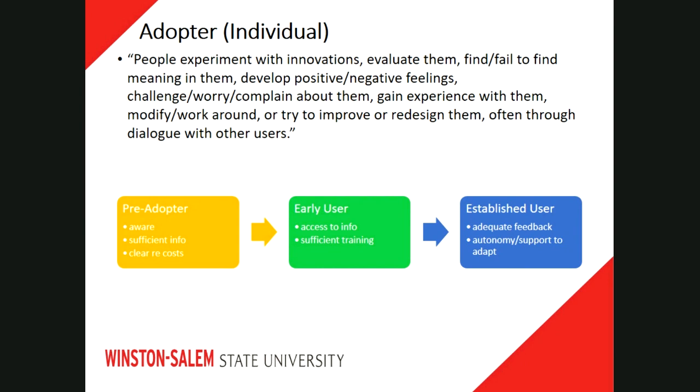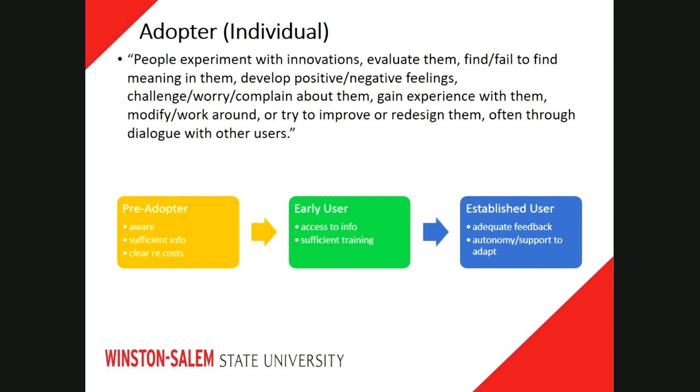And so this is where they may modify it themselves with how they may implement, or they may work around it and not do it at all. Or they may try to offer improvements and redesign, either that you may know or may not know about.